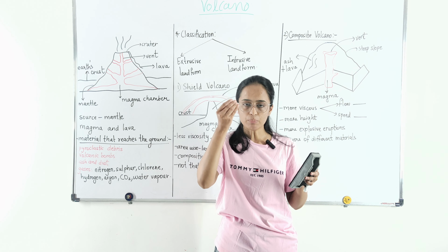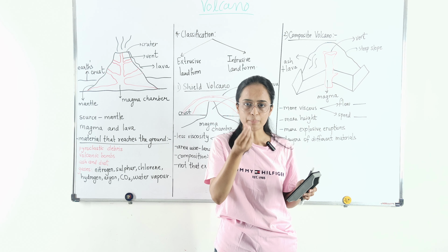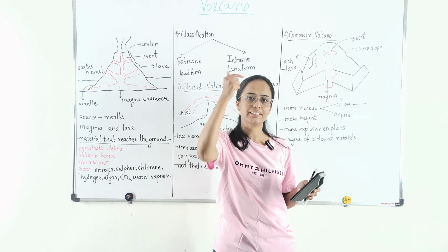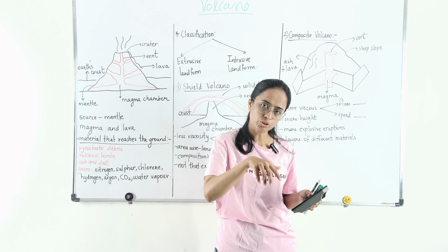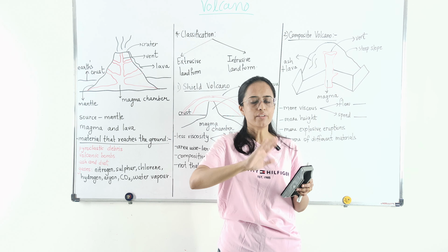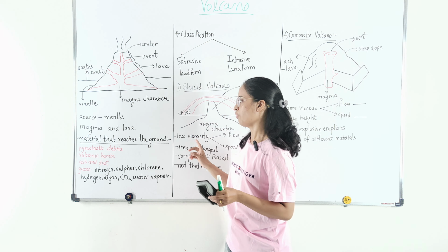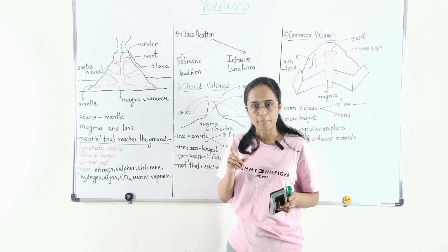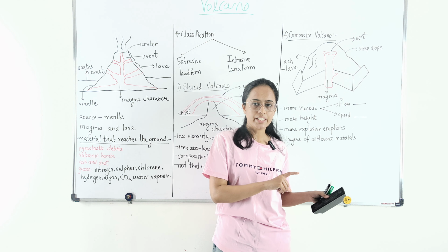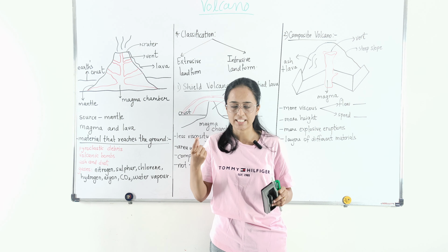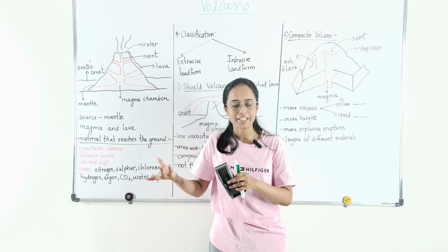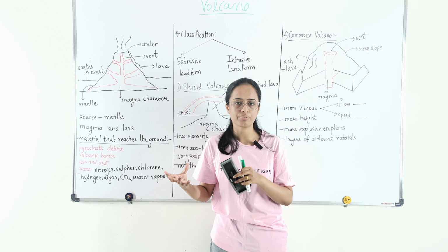So basically the magma material that is there in the interior, in the asthenosphere, उसको magma बोलते हैं, and when it comes up to the Earth's crust, it is called as lava. So whenever I say the word magma, you have to associate it with the interior of the Earth, and whenever I say lava, I am talking about the material that is there on the surface of the Earth which we can see.